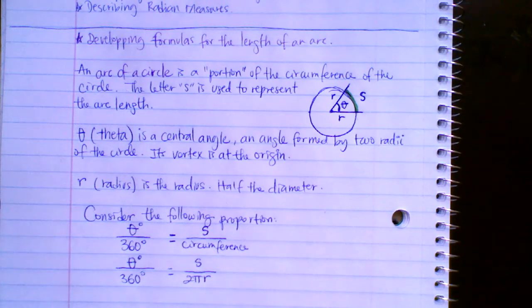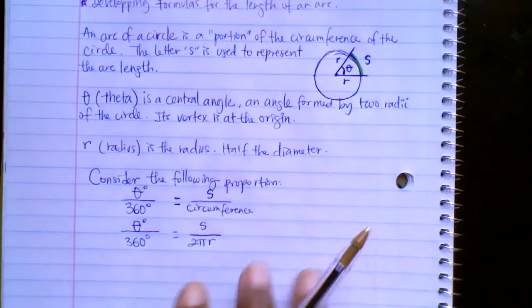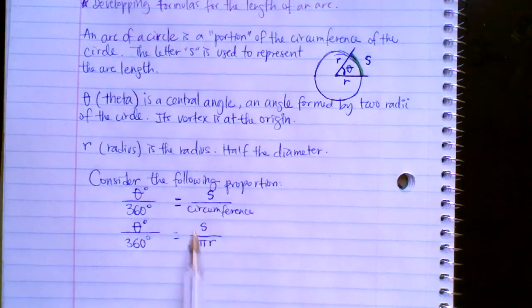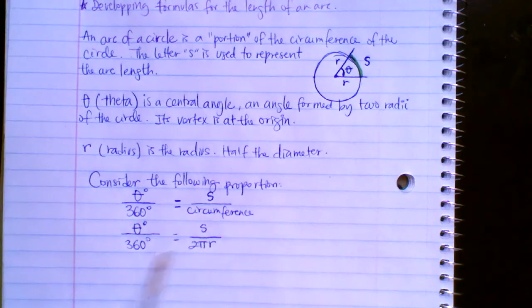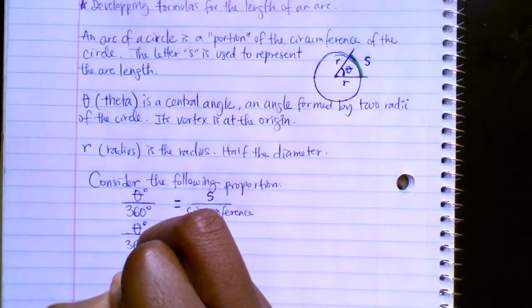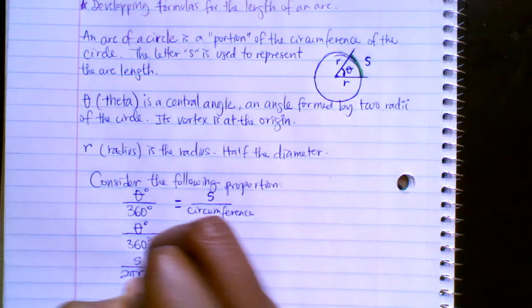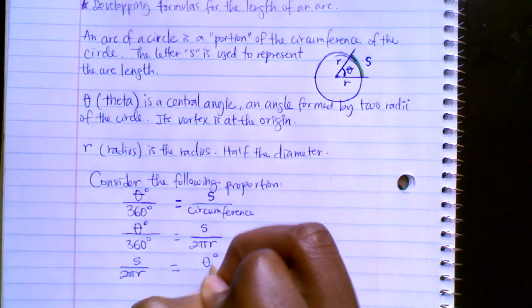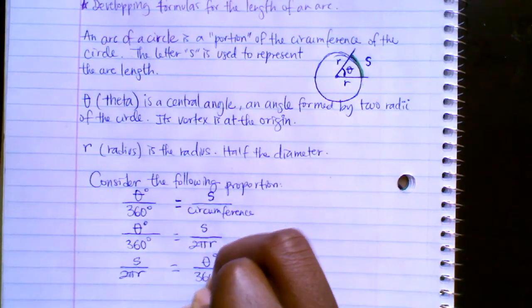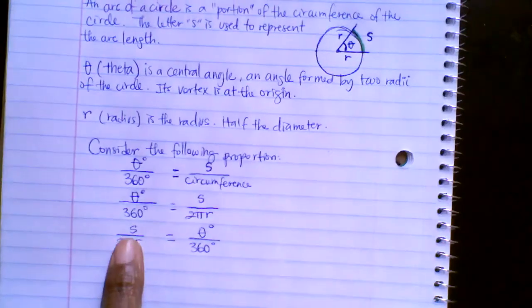So what I want us to do next is find the formula for the arc length S. Since I want to solve for S, I'm going to write this equation the other way around, S over 2 pi r equals.